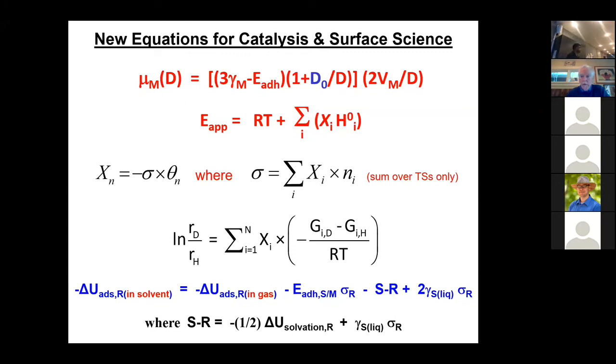She was a student of Hannes Jonsson, who did the nudged elastic band stuff. She did work where she looked at the shuttling of protons and so forth due to the water solvent molecules in catalysis on platinum, using DFT. So certainly those effects are there, and I am not an expert about that.